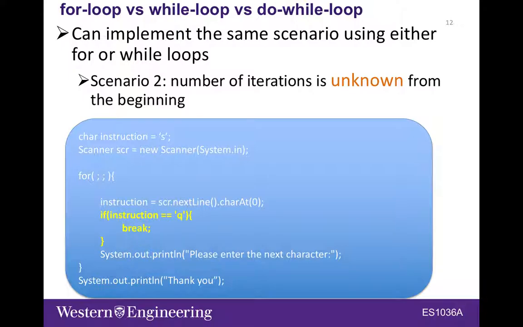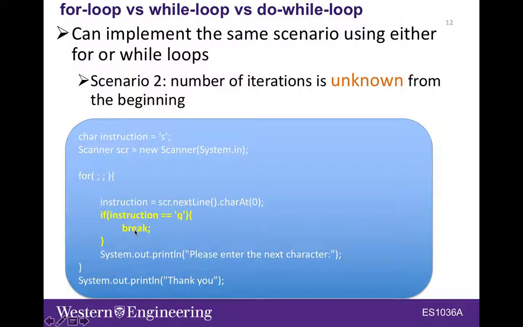So now I have finished the second scenario: if the number of iterations is unknown in advance from the beginning, we say that we should go with a while loop. But what if I would prefer to go with a for loop? What does this mean if I put just a semicolon here? This means an infinite loop, and I have to get myself out of the loop from inside. If I'm getting an input from the user, I have to make an if statement: if this input is equal, for example, to q, then I break.